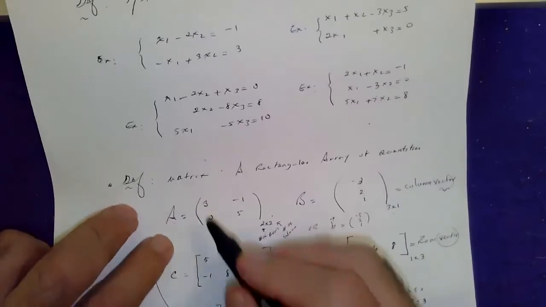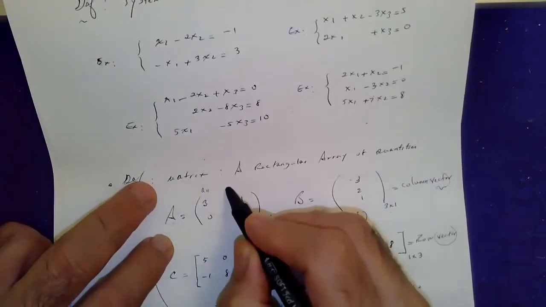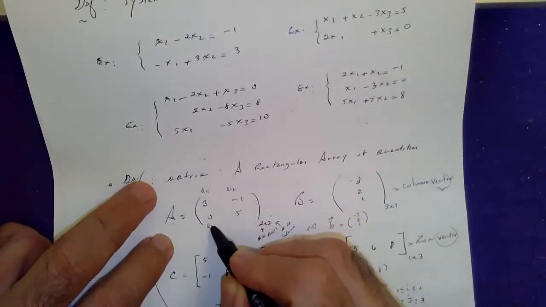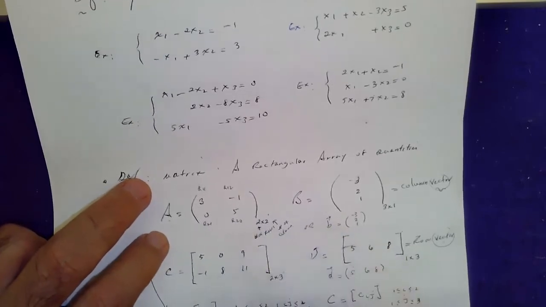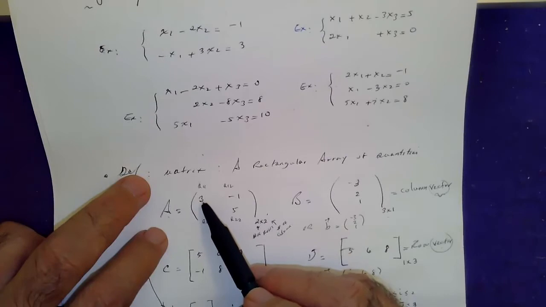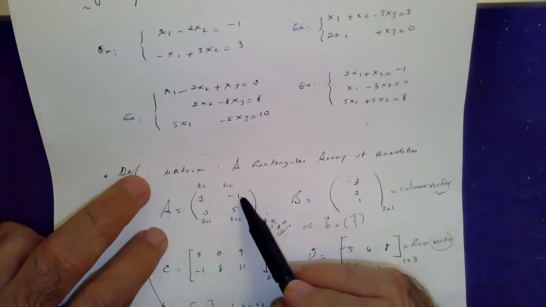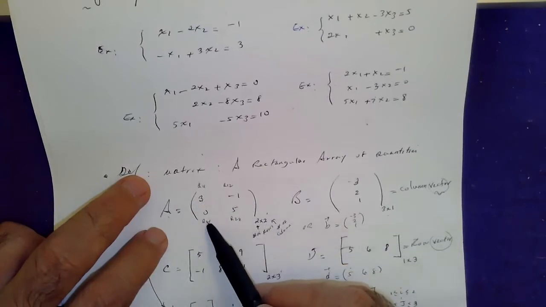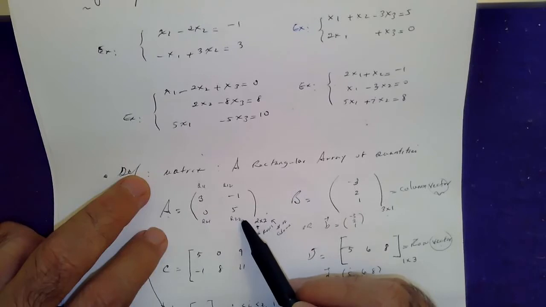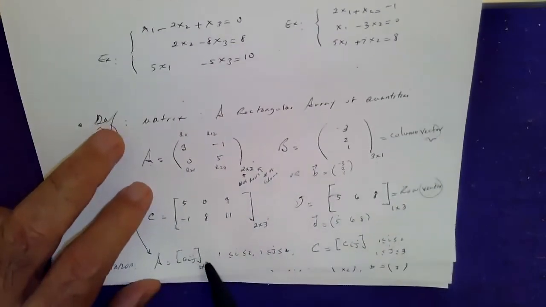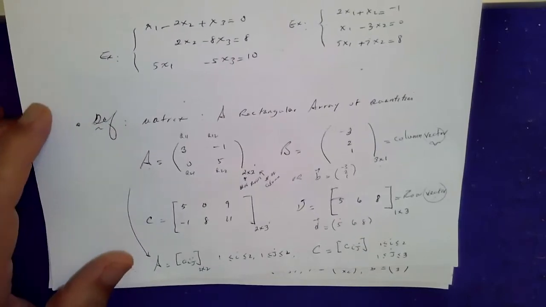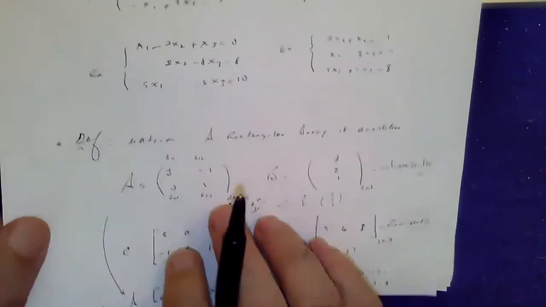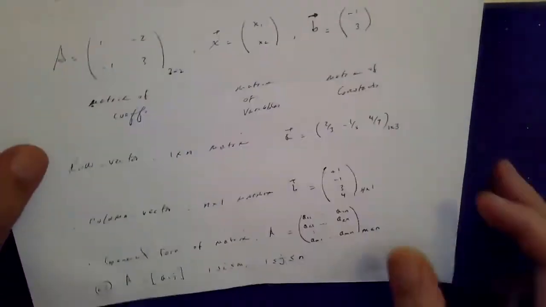In other words, this is called a11, this is a12, this is a21, and that's a22. That means this is the element in the first row, first column; first row, second column; second row, first column; second row, second column. So that's what those subscripts are, usually denoted by ij. That's basically matrix notation.